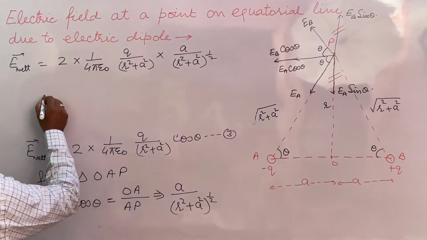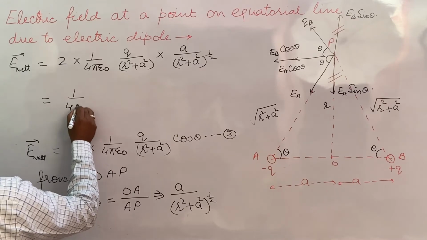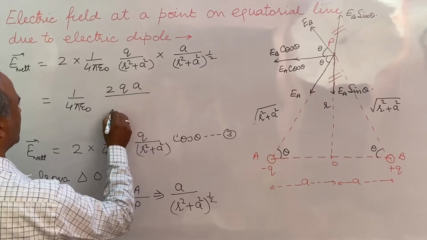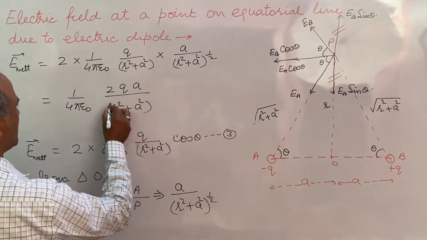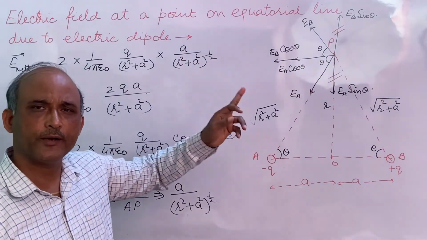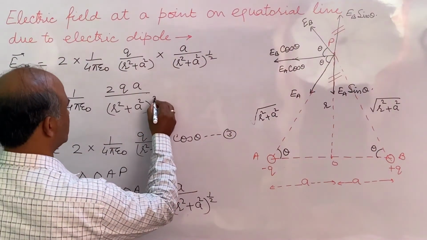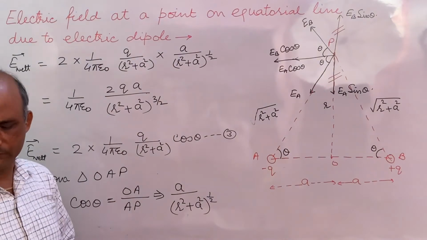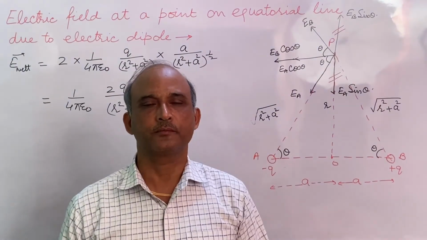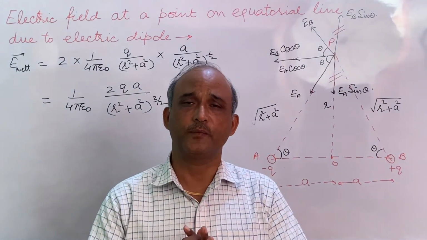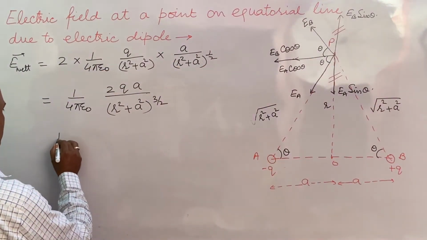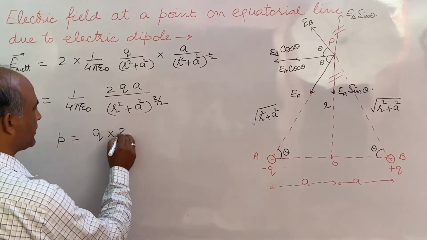We may write it as 1 upon 4 pi epsilon naught 2qa upon r square plus a square, power 1 here and 1/2 here, so 1 plus 1/2 is equal to 3/2. Okay, is it clear? But we know from the formula of electric dipole moment, P is equal to Q into 2a.